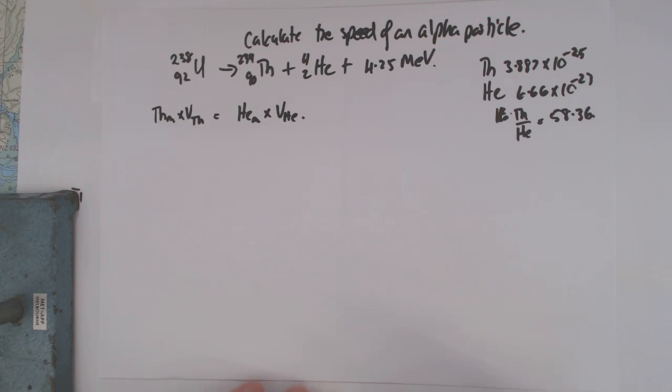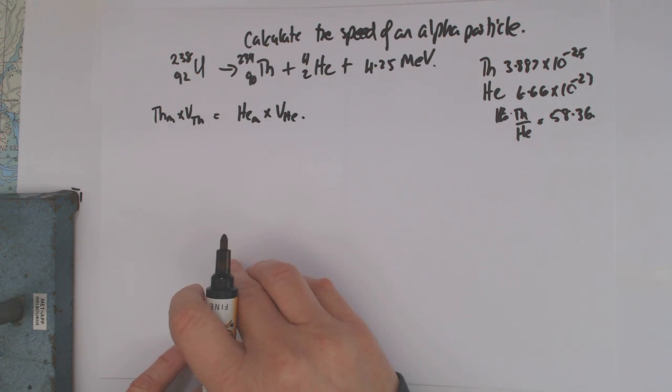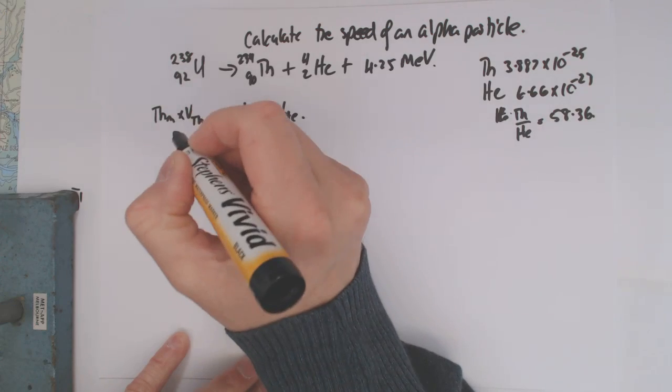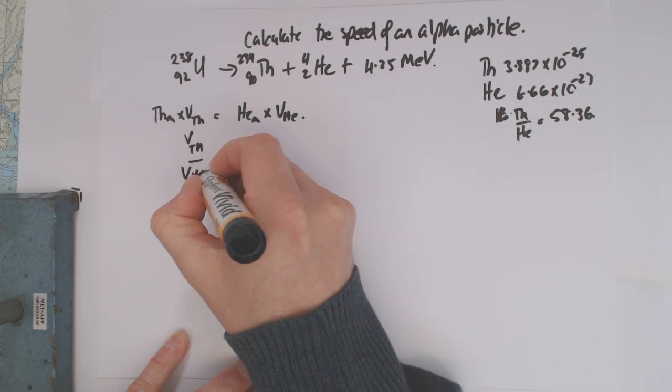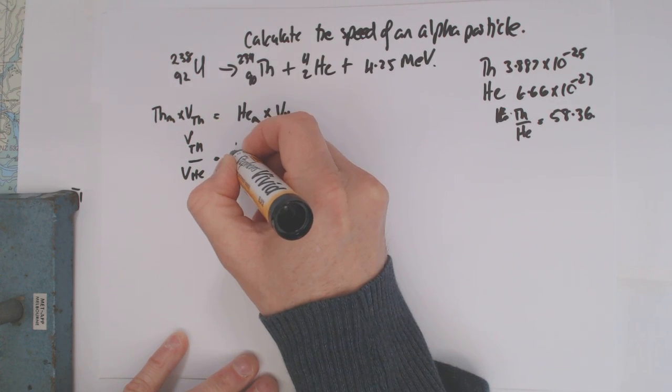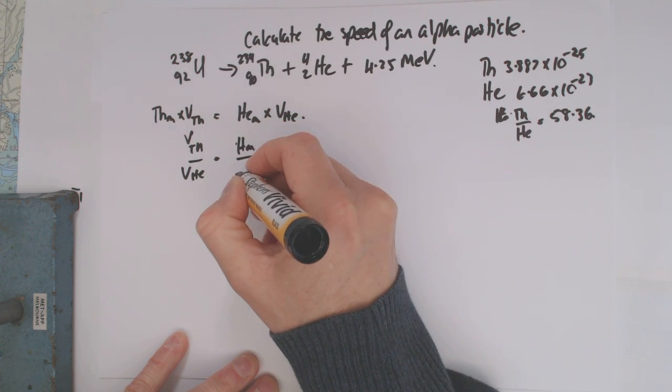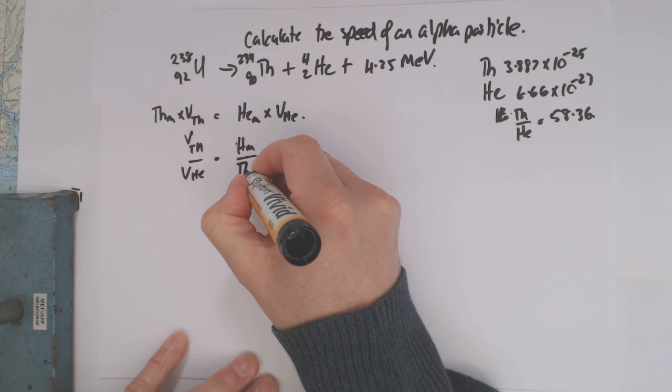So the velocity of thorium divided by the velocity of helium is equal to the mass of helium over the mass of thorium.